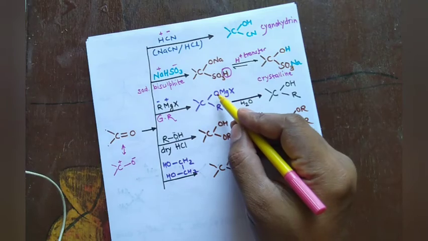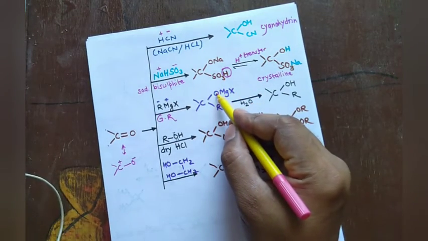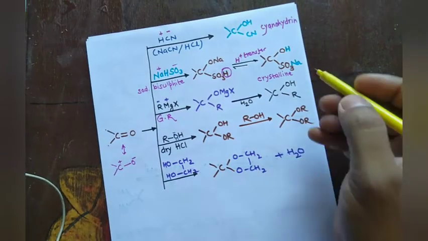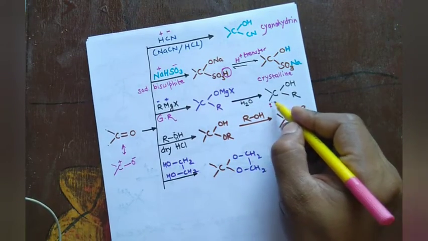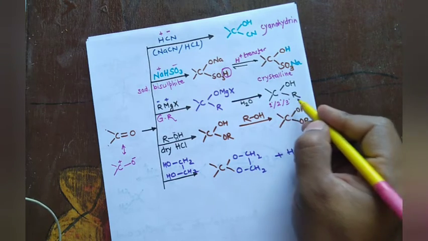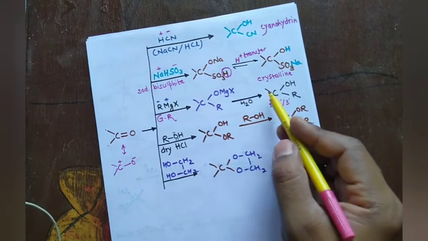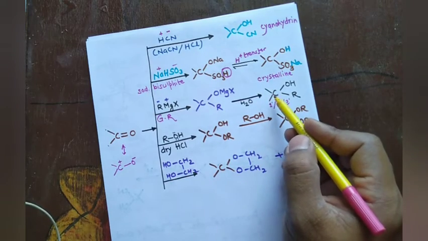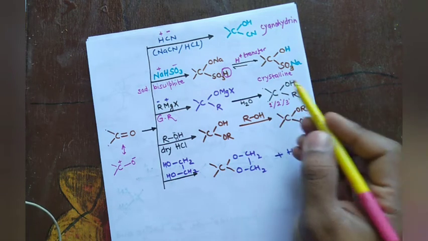On hydrolysing, this oxygen MgX will separate out and O becomes OH group. So we can get primary alcohols, secondary alcohols, tertiary alcohols depending upon the nature of the alkyl or aryl group or hydrogen present here.